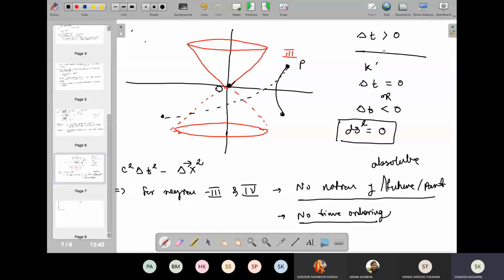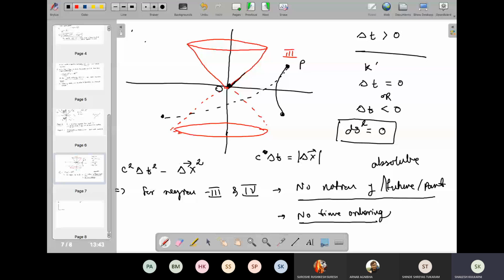Because here ds square equals 0, c square delta t square equals delta x square, so c delta t is always equal to plus or minus the magnitude of delta x.